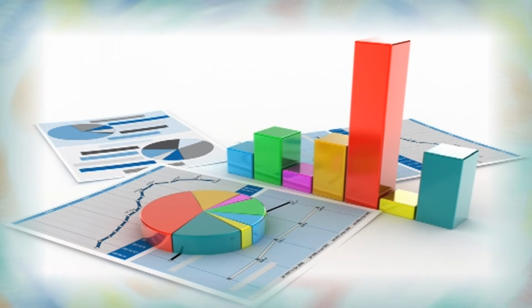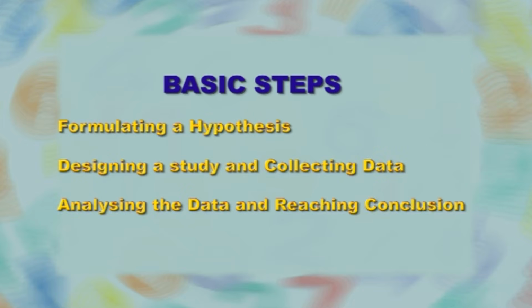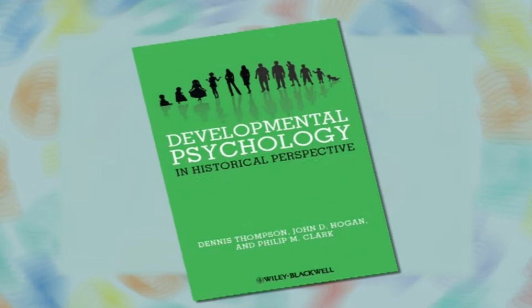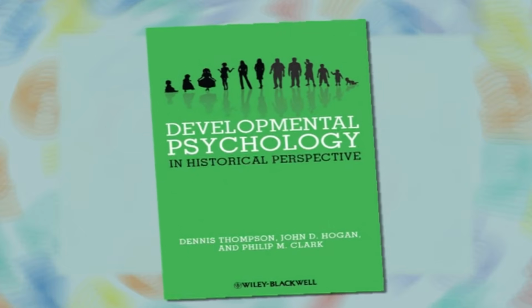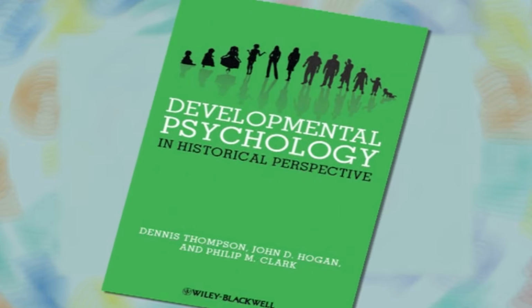Let us see the 4 basic steps of the process. They are formulating a hypothesis, designing a study and collecting data, analyzing the data and reaching conclusions, and sharing the findings. Most psychology students will be expected to use the experimental method at some point.